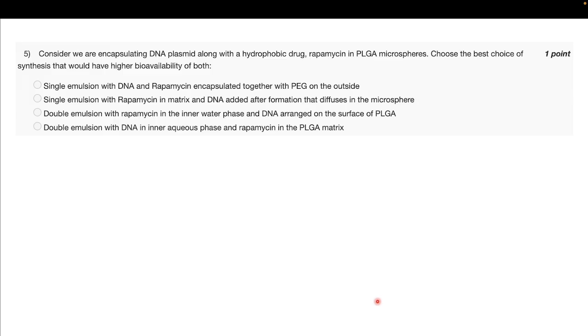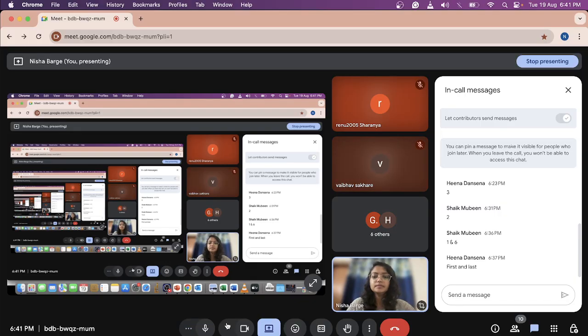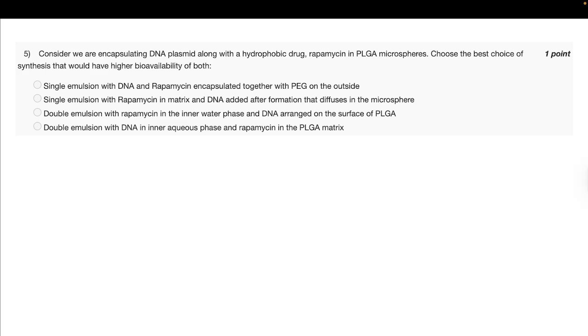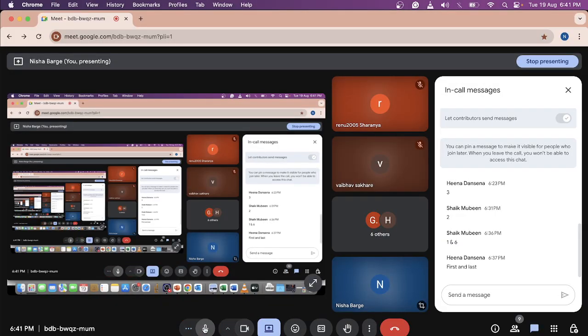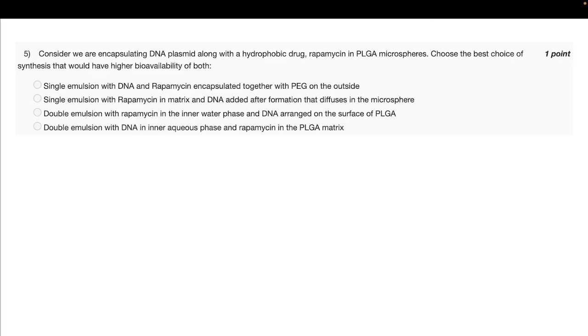Take your time in reading the question and the options properly, and let me know. If anybody knows the answer, please let me know.